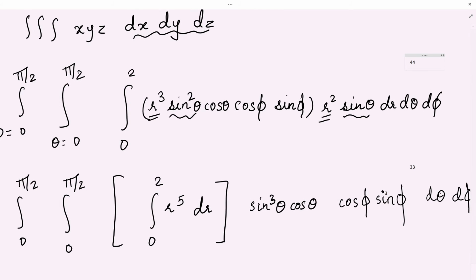If you look at the simplification, this r cube and r square will become r raised to 5. Sine square and sine will become sine cube into cos theta, and these terms as they are.